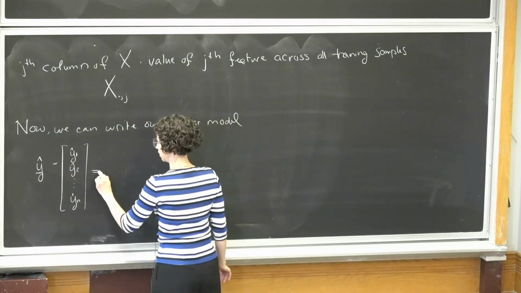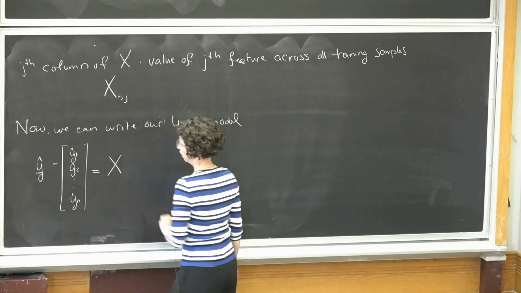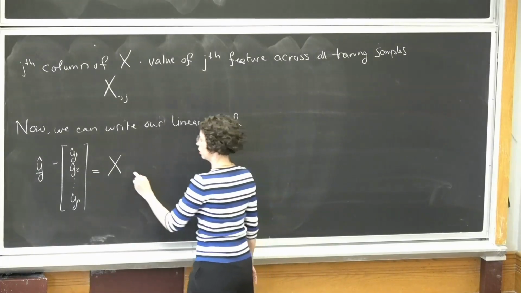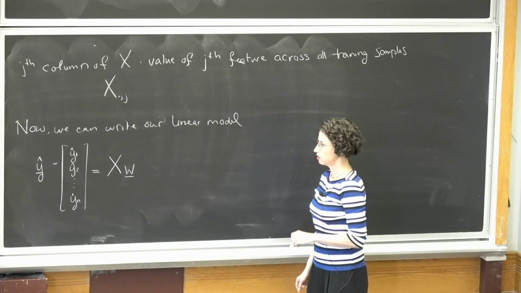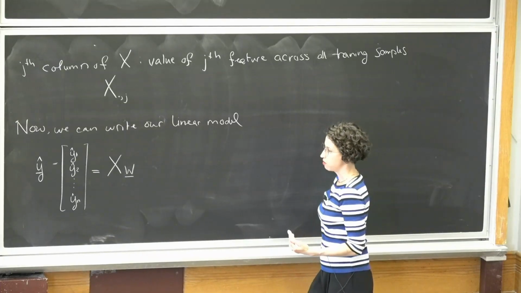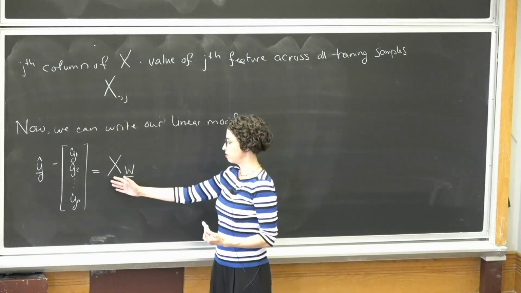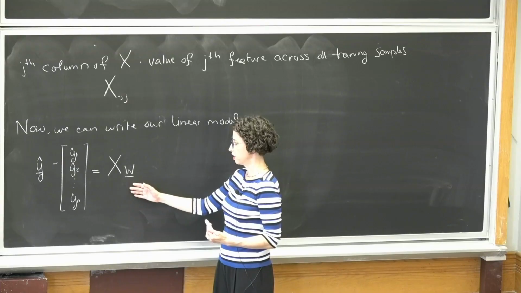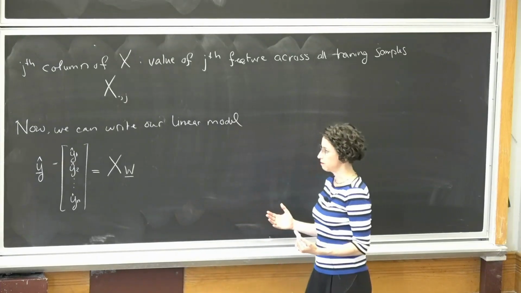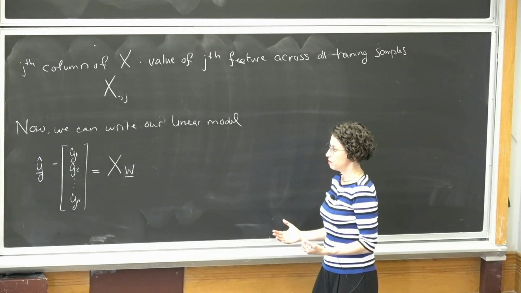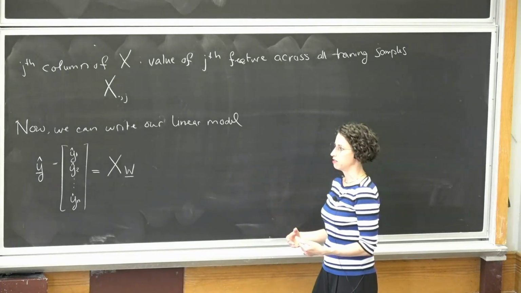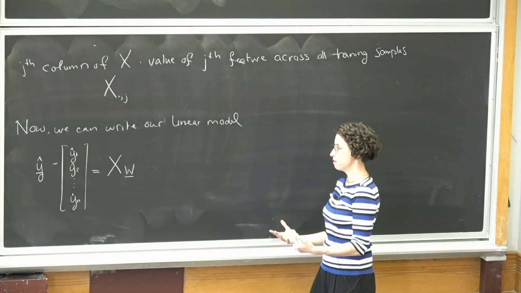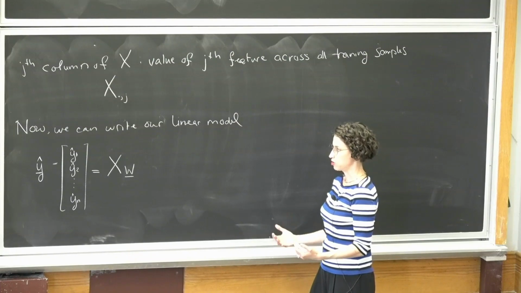Now we can write this as the product of this matrix X with our weight vector W. And so now what we're going to do is learn about taking the product between a matrix and a vector. But hopefully you can start to see how this is giving us a little bit of helpful shorthand. Because when we started off, we had to start with a single feature vector, and then we could make a single prediction.